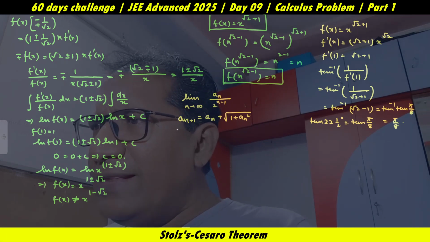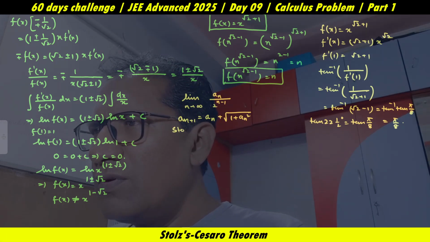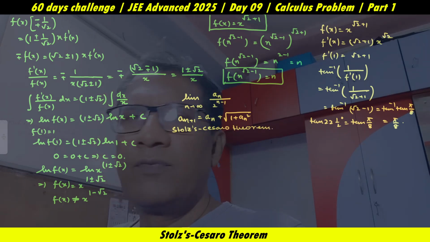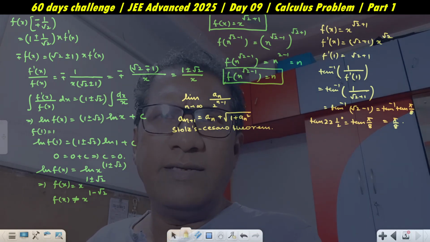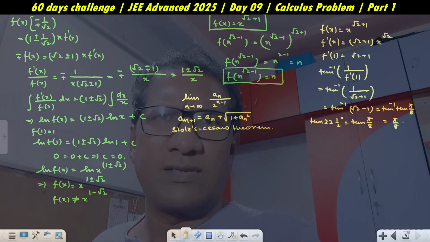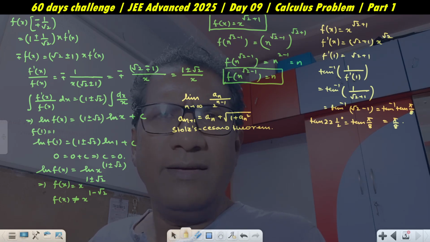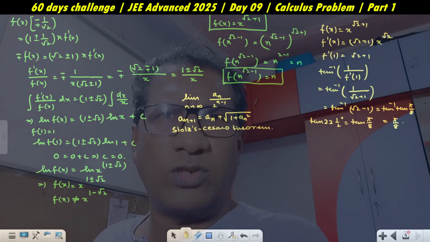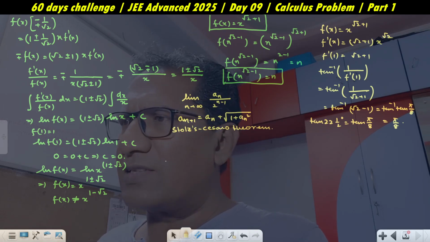So we can think of the Stolz-Cesaro theorem, which I have already done in the day 1 class. Those who have not seen it, the link has been given in the description box. You can go for the Stolz-Cesaro theorem in our day 1 class.